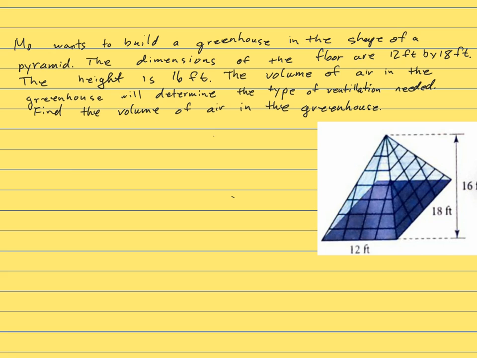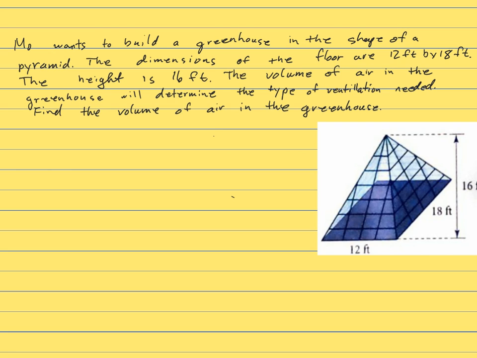Now, here's what I'm going to do. I'm going to give you the basics to find this problem. Well, here's what we know. We know that when we were calculating the prism, remember the volume of the prism was equal to the area of the base, and then we times it by the height, right?